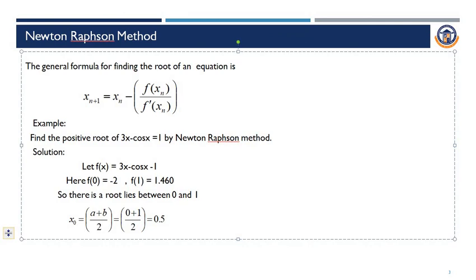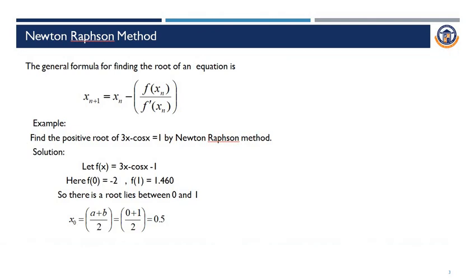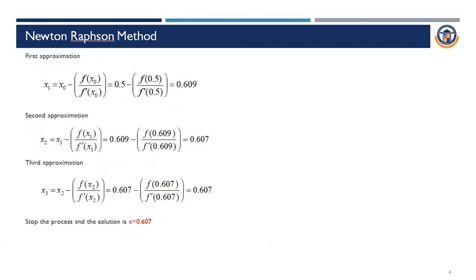Since the root lies between 0 and 1, I can take the midpoint as x naught equal to (a plus b) by 2. Here a is 0 and b is 1. So I can write the midpoint as 0.5. When I have calculated x naught, I can go for the first approximation as x1 equal to x naught minus f of x naught by f dash of x naught.